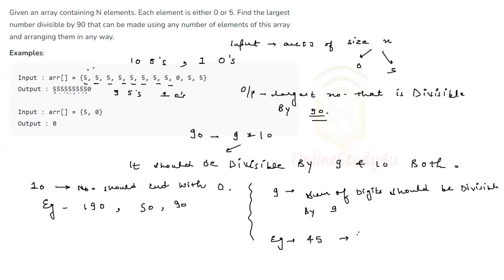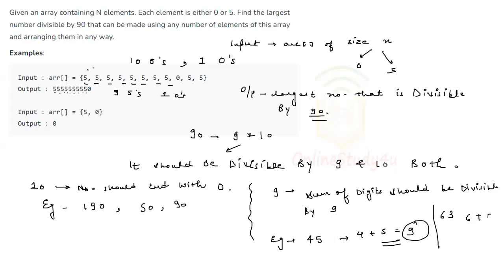When you do the sum 4 plus 5, it gives 9, and 9 is divisible by 9. Then I'll talk about another number, suppose 63. 63 is also divisible by 9 because 6 plus 3 is 9. Correct?